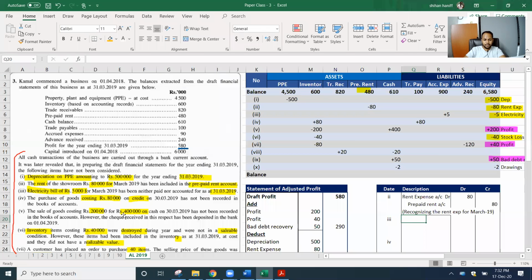The transaction number 3, electricity bill 5,000 for the March has been neither paid nor accounted. Right?